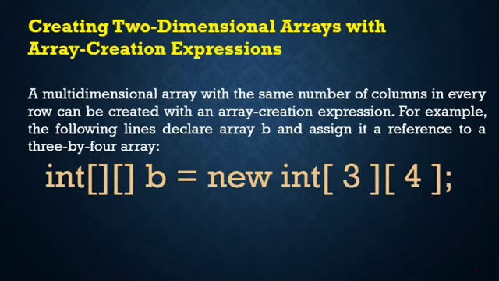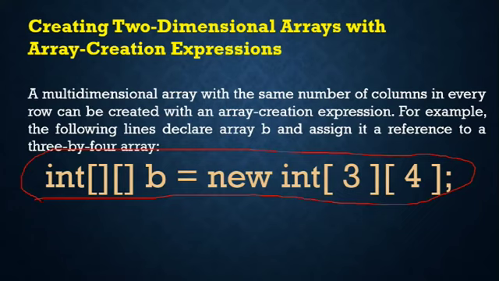A multidimensional array with the same number of columns in every row can be created with an array creation expression. It is called a creation expression because of the keyword new. When you write new in your code, it means you are instantiating a new object.